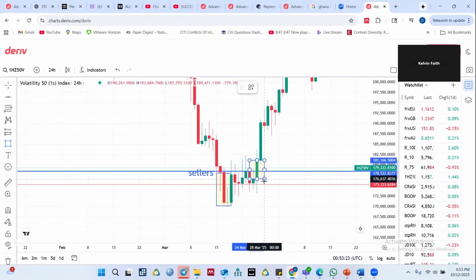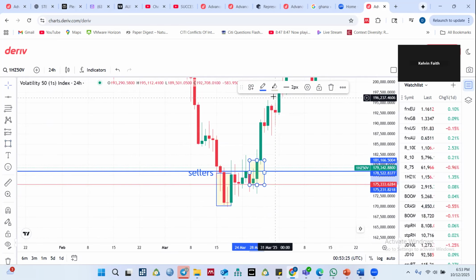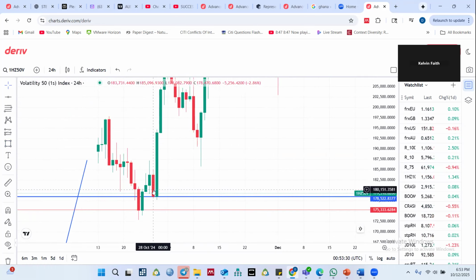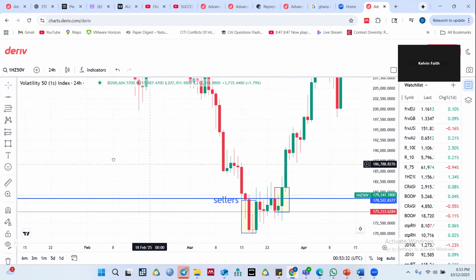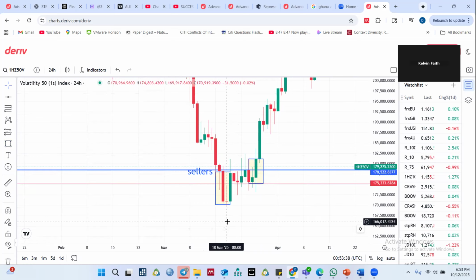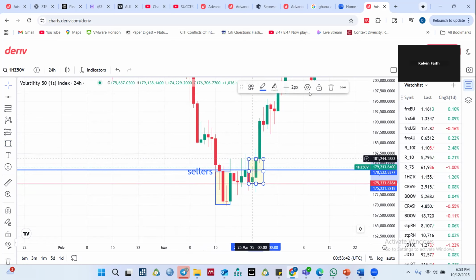And after that happened, see how price took off, exactly the same way it did here. So this is the second time that sellers have told us that they want to go below this price and take charge, but the bulls did not allow it.